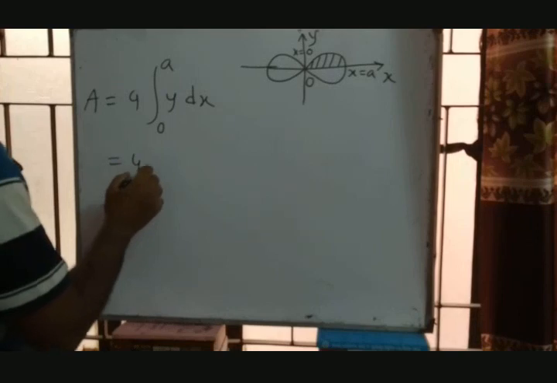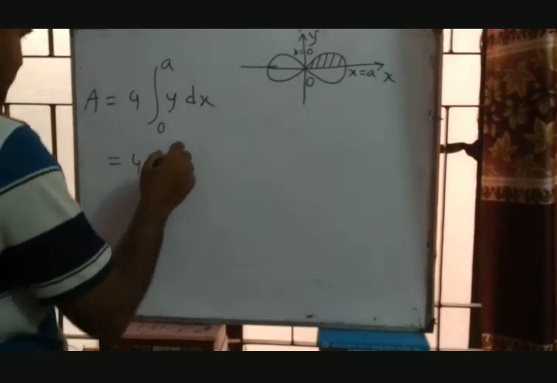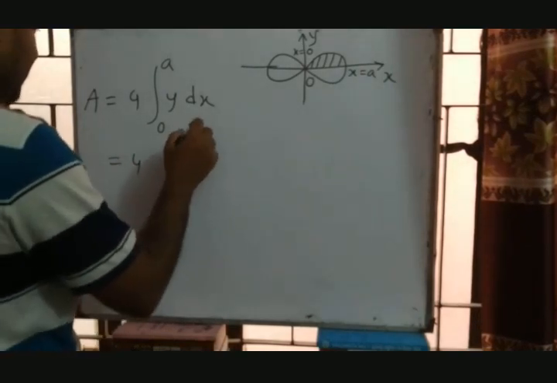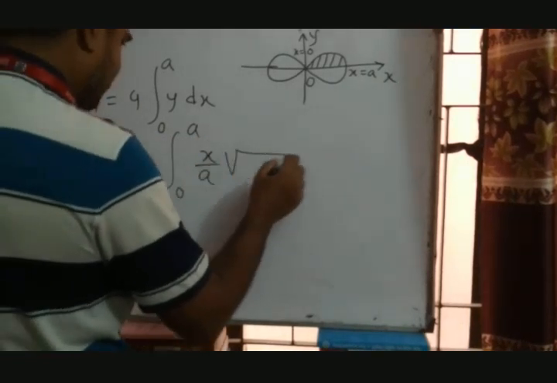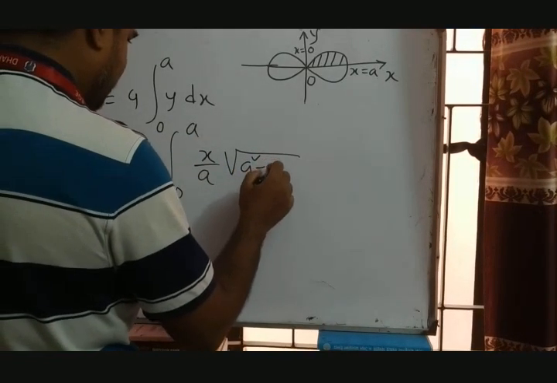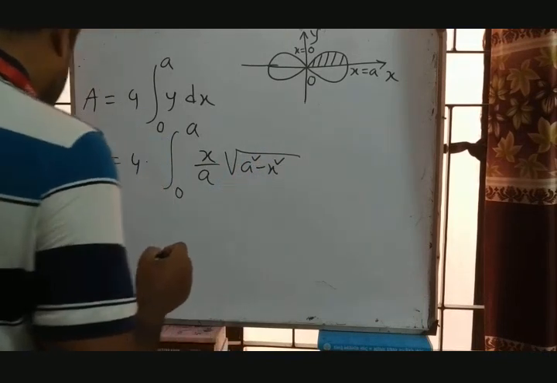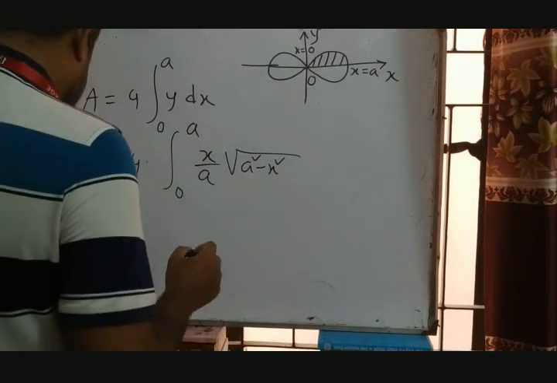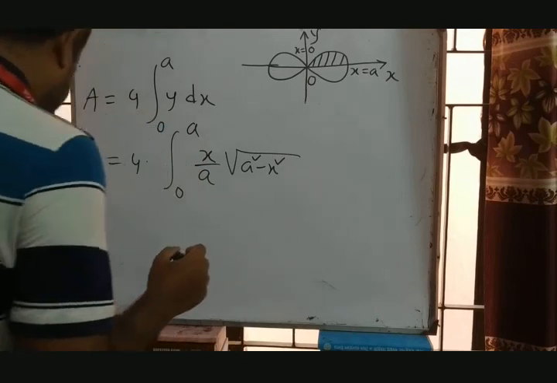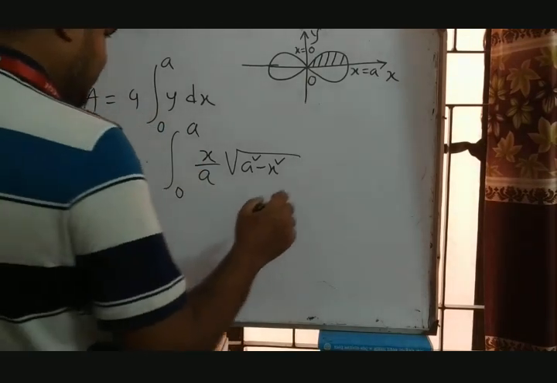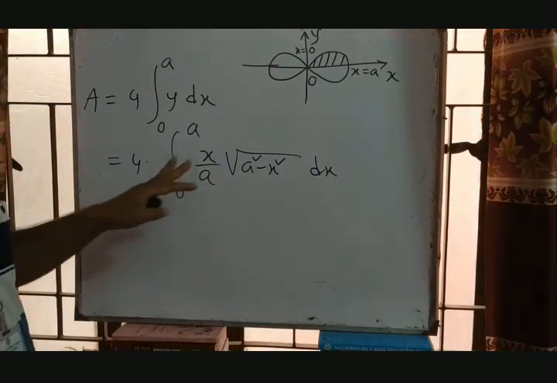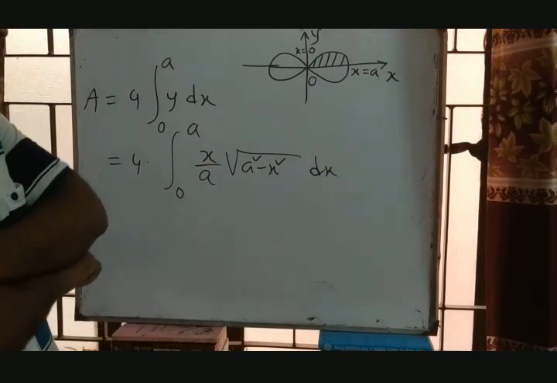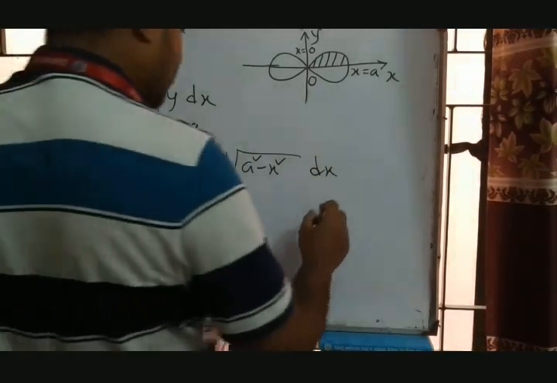Now what is y? y is equal to x by a root over a square minus x square, integral 0 to a, dx. Now we have to solve this problem by using the method of substitution.